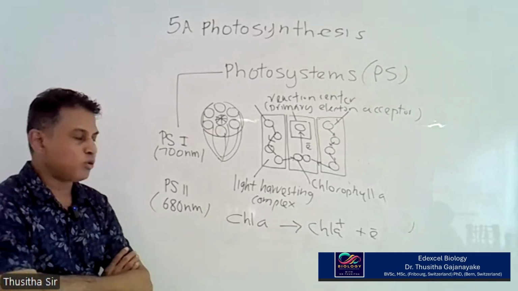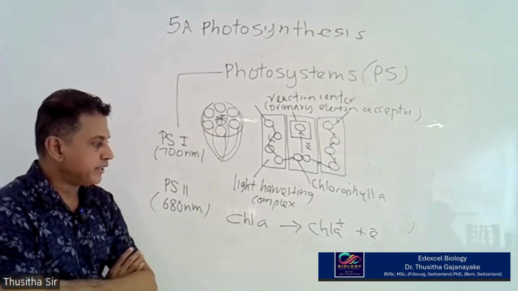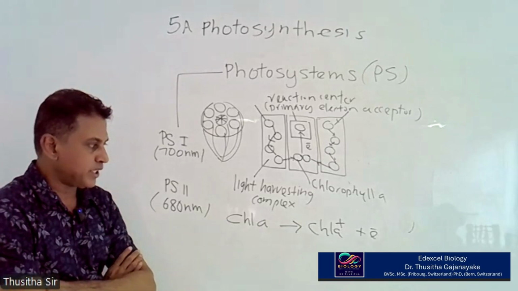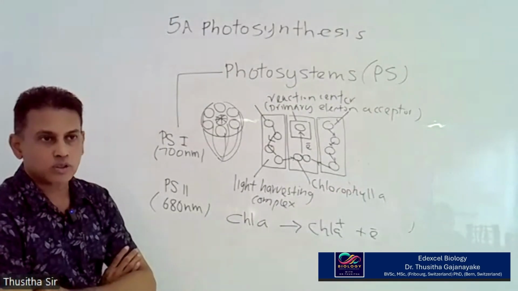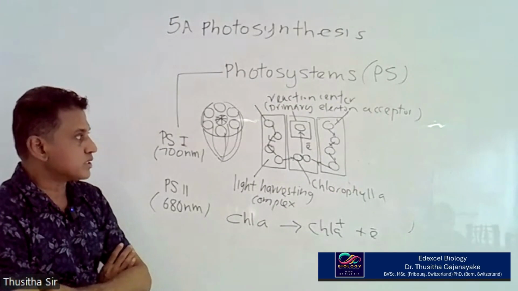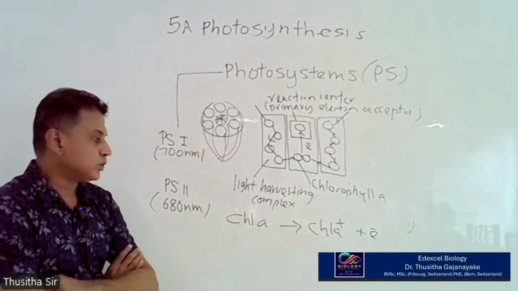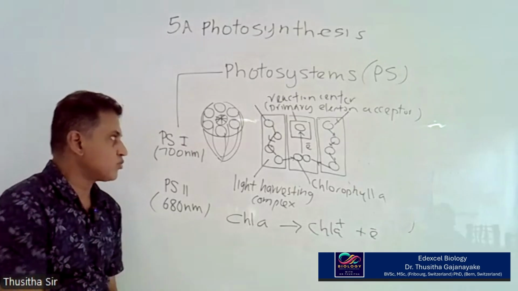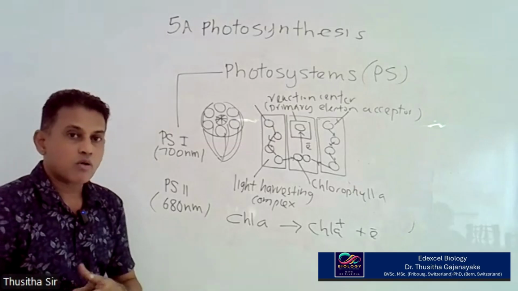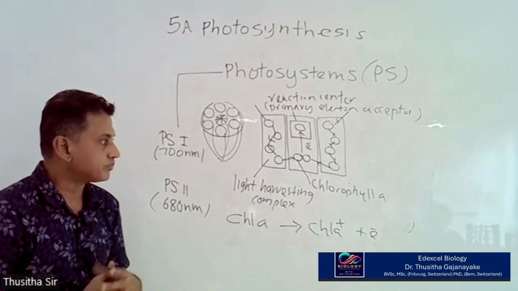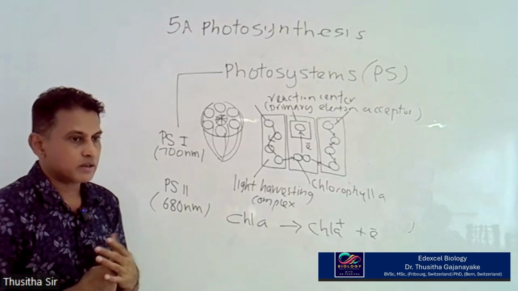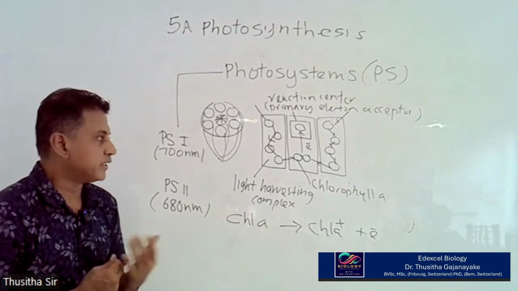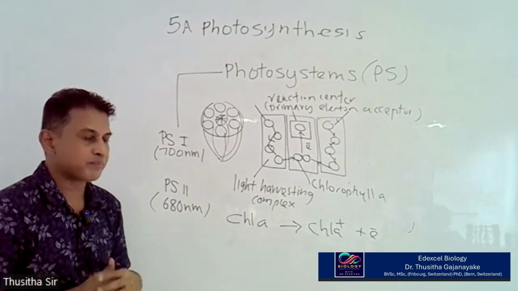So shall we write a small note for this, and with this we are ending the basic things we need to know about the reactions of photosynthesis. So we write like this: photosystems are located in the thylakoid membrane.